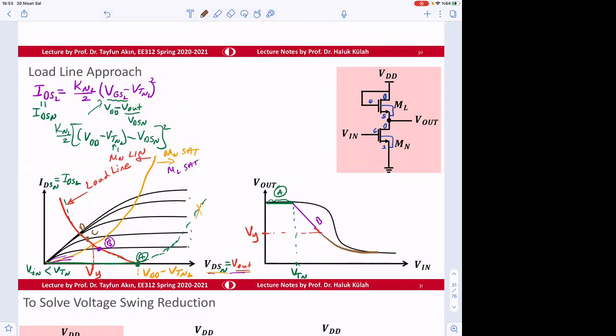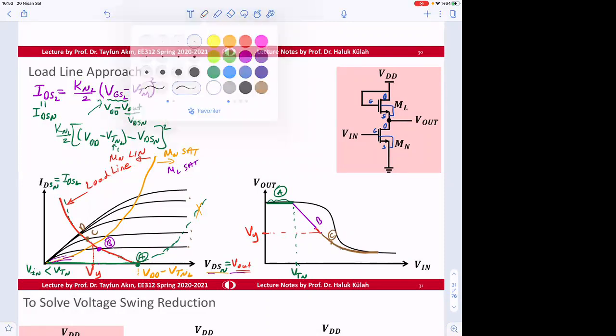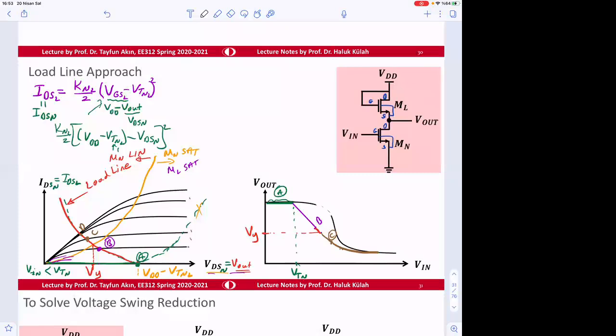Maybe B, and then C, and E, or D and E. Okay, so this is how we obtain the result from graphics also.